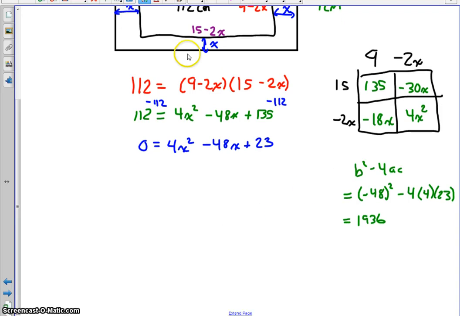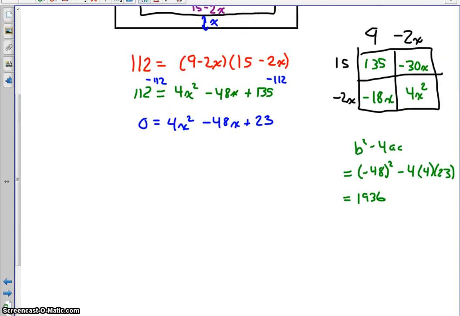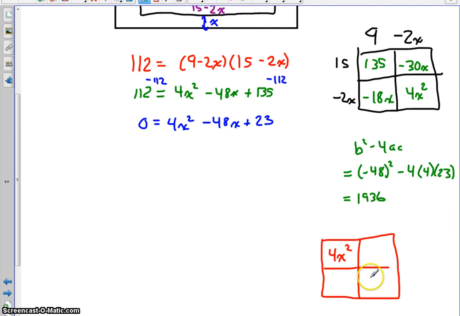Okay, so I'm going to factor this. There's no greatest common factor I can take out here because 23 is prime.